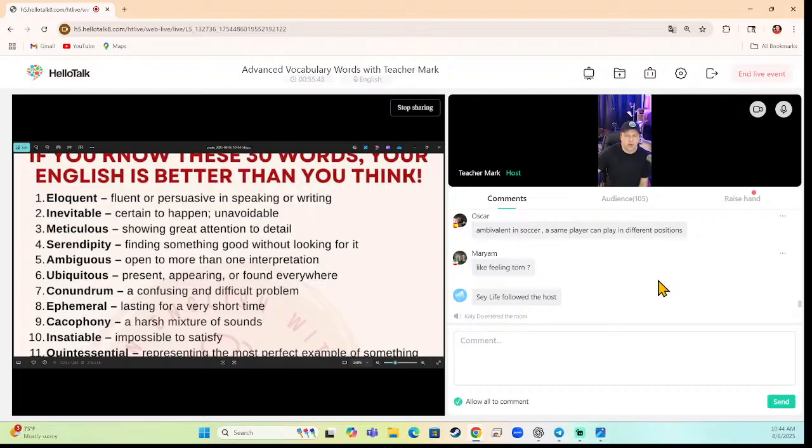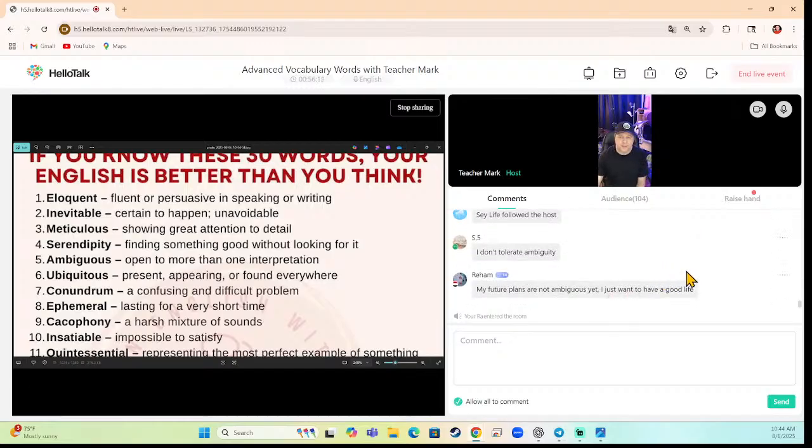I think you want to say versatile, right? To be versatile means to be able to play in more than one position. Versatility in soccer, that's where you can play forward, or you can play goalie. That's to be versatile. Okay?